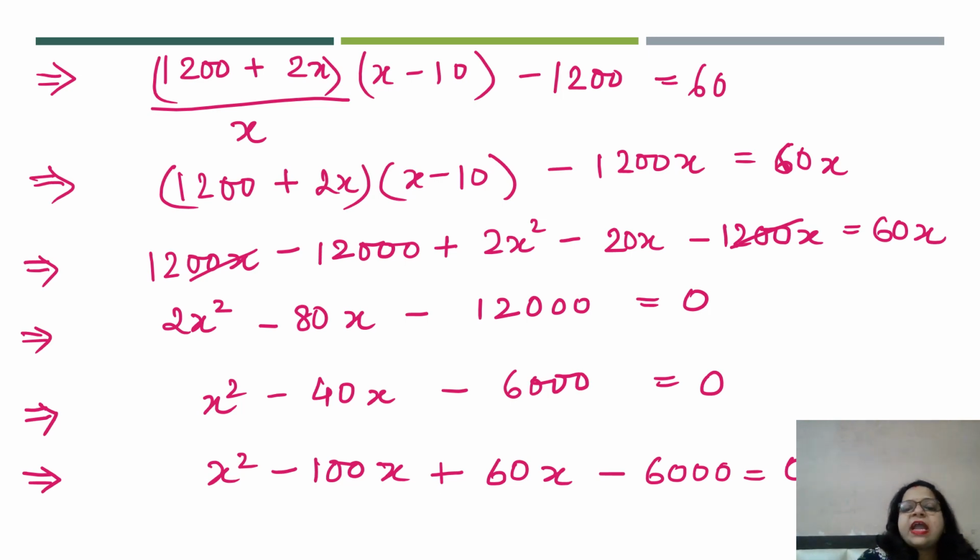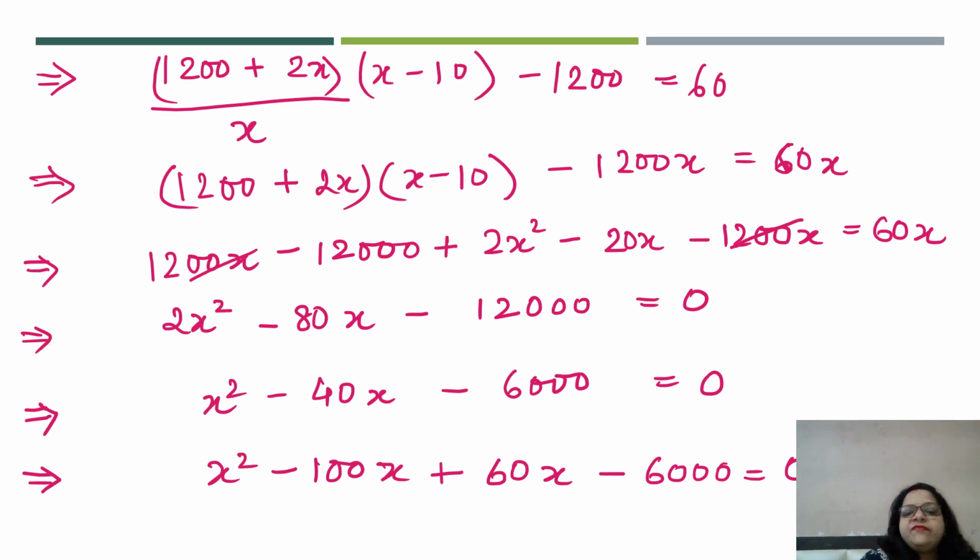So now we have to find two numbers whose product is minus 6,000 and which add up to minus 40. Children, they can be 20 into 30, but that will not give you 40. So if you take minus 100 into 60, it will give you minus 6,000, and the addition of minus 100 plus 60 will give you minus 40.